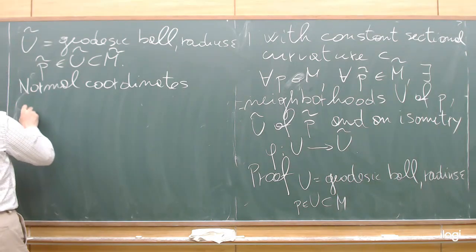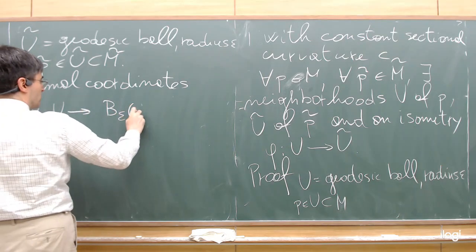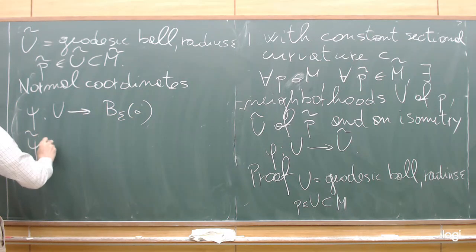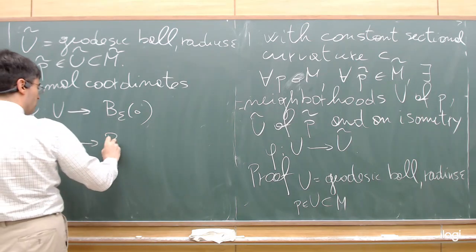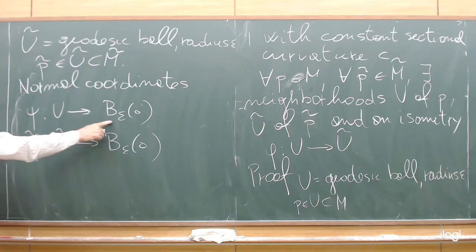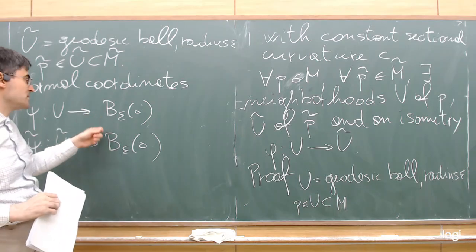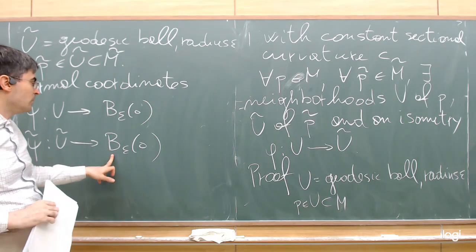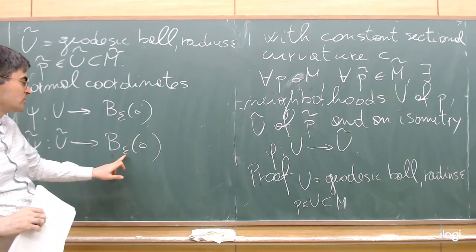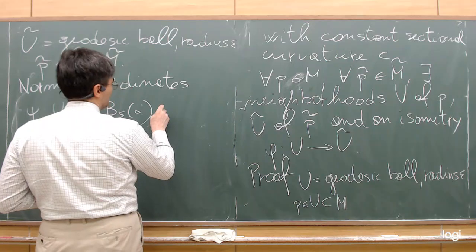So we have two maps, the first one between U and B_epsilon(0), and the second one from U tilde to B_epsilon(0), where B_epsilon(0) represents the ball of center 0 and radius epsilon in R^n, if the dimension of the manifold is n.